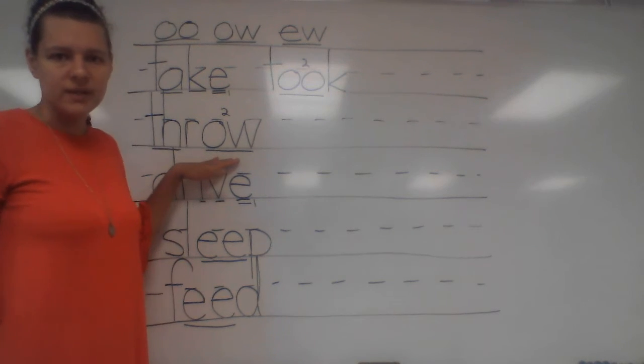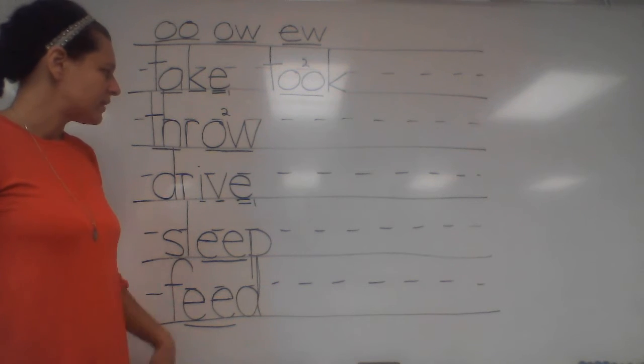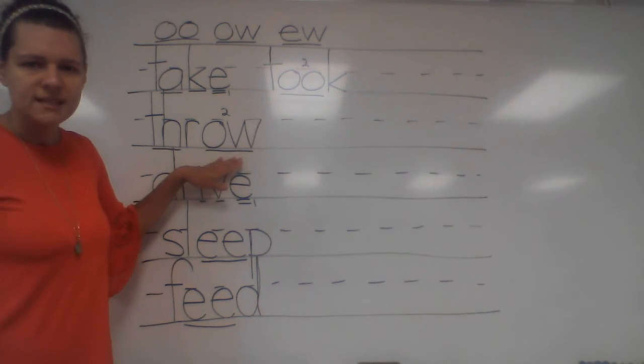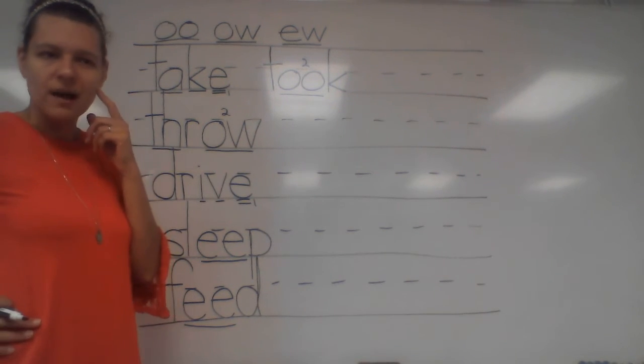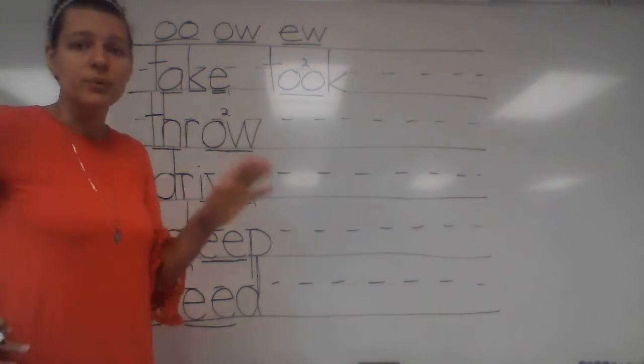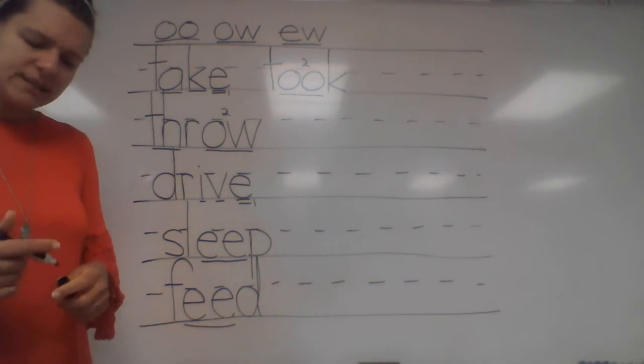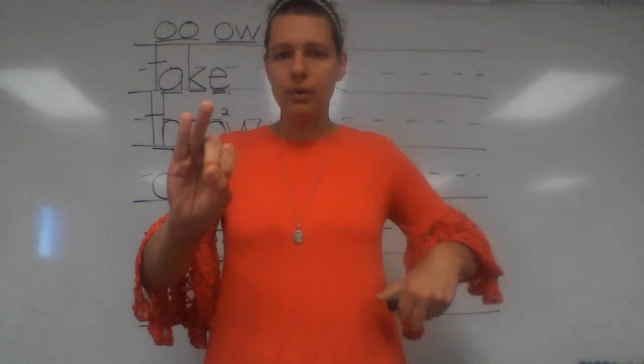Our next irregular verb we're going to put in the past tense is throw. Class, if you remember the past tense of throw, tell me, what is it? Good, threw. I threw the ball as hard as I could. Threw. What sounds do we hear in the word threw?